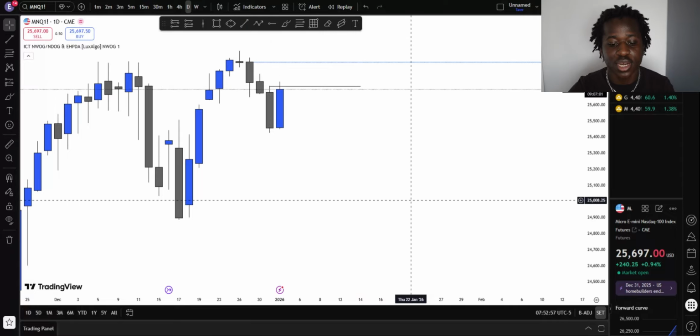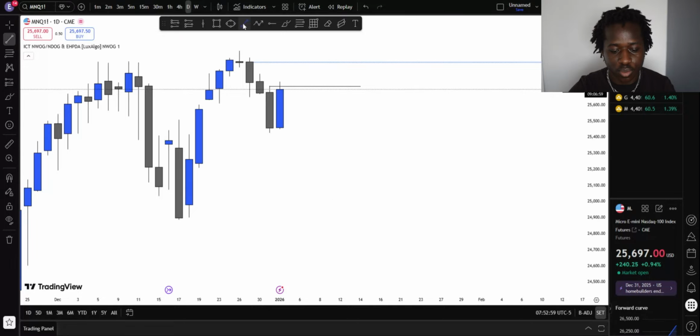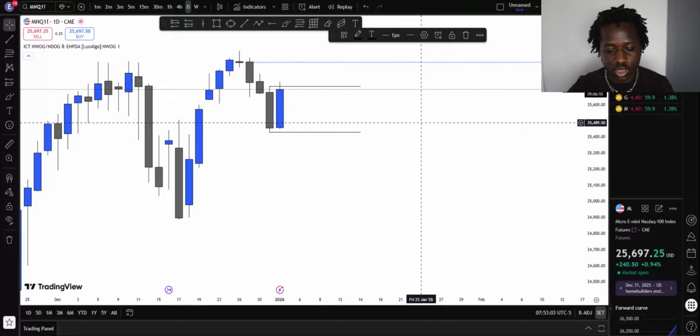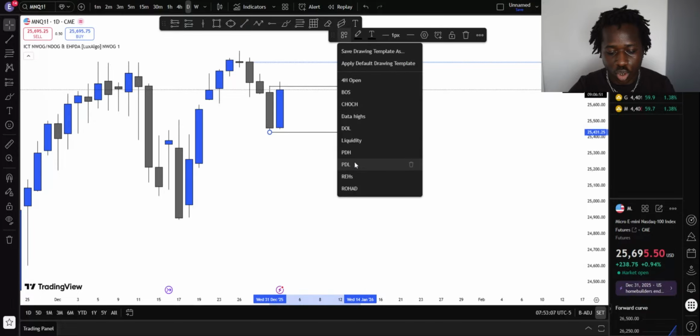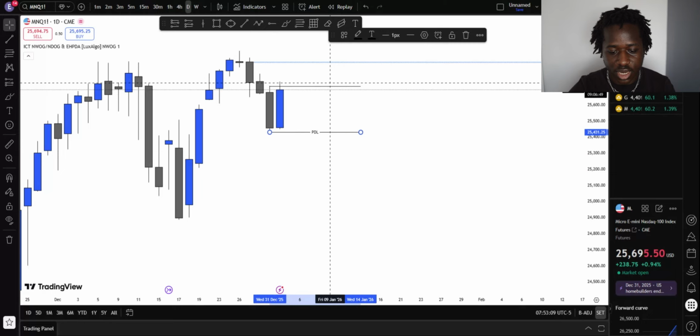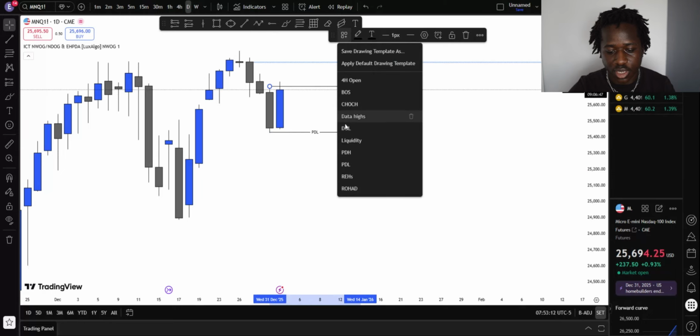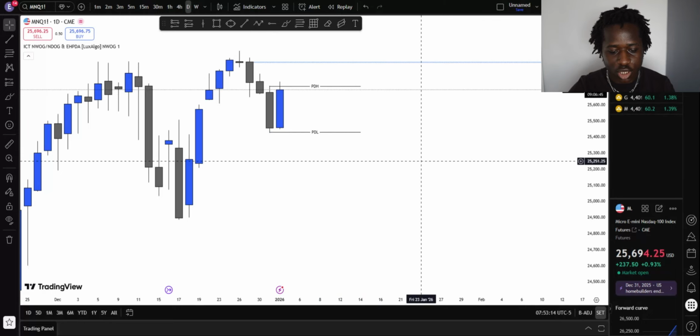That's our previous day high. To mark our previous day low, click on the wick below, mark it out. This is previous day low, which you could call PDL, and previous day high, which you call PDH. That's how you mark them out.